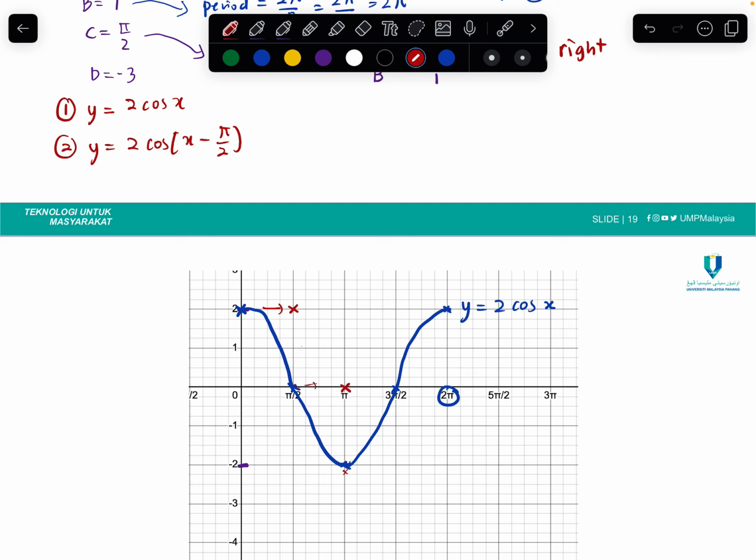And this point, if you move to the right pi over 2 unit, the new location is here. For this part, it moves here. And for this part, it will move here. So the new graph is like this. So we have shifted the graph to the right side by pi over 2 units. So the red curve represents y equal to 2 cos of x minus pi over 2, with the shifting.